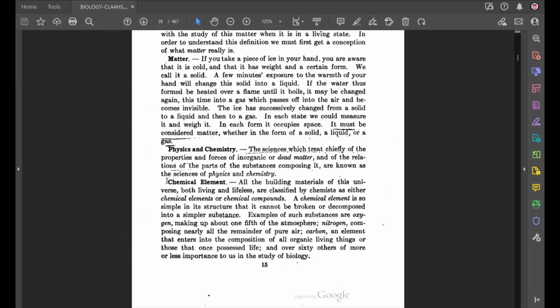So one example given to us in our book is oxygen. Oxygen is an example of a chemical element. 1/5 of our atmosphere is made up of oxygen. 1/5 is 20%.